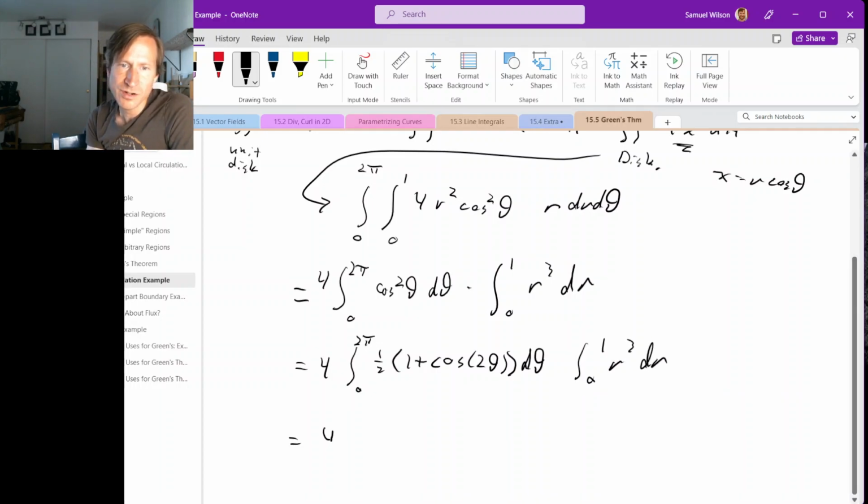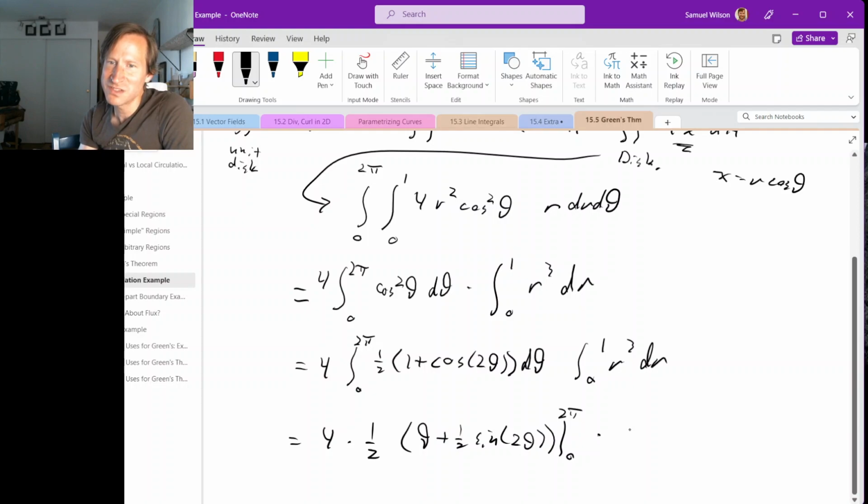We get 4 times that 1/2, and then our antiderivative for the theta integral is theta plus 1/2 sine 2 theta from theta equals 0 to 2 pi, times, and then this r integral is going to give us 1/4 r to the 4th from 0 to 1.